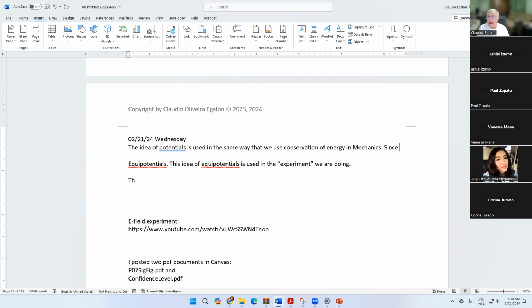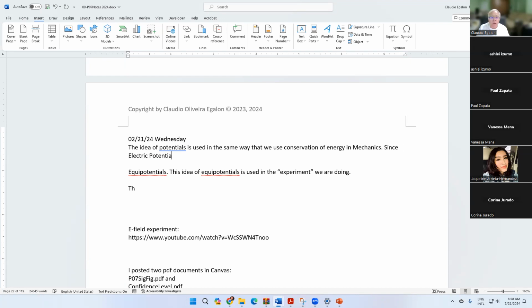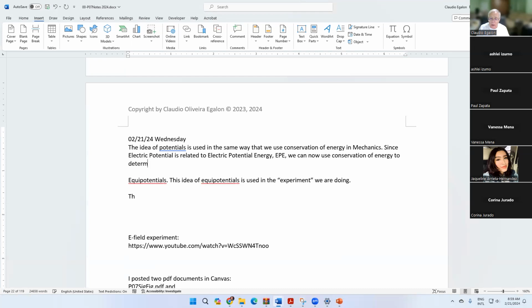Since electric potential is related to electric potential energy, EPE, we can now use conservation of energy to determine, for instance, the velocity of a given electric charge.